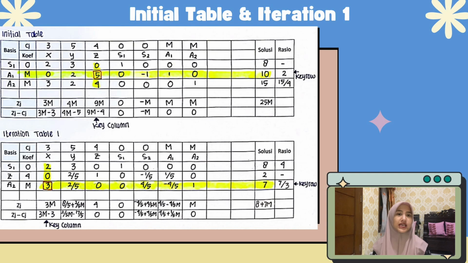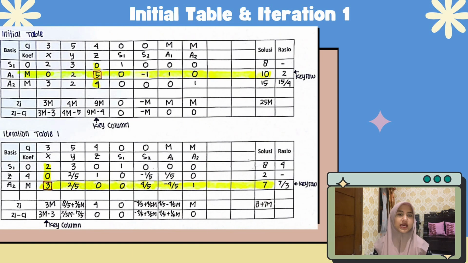Then the row containing the K cell is changed to the number 1, so that the row is multiplied by 1/5. Then the other rows are operated by using the formula old row minus K column multiplied by the new K row.